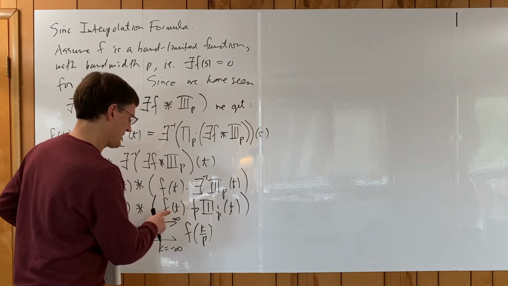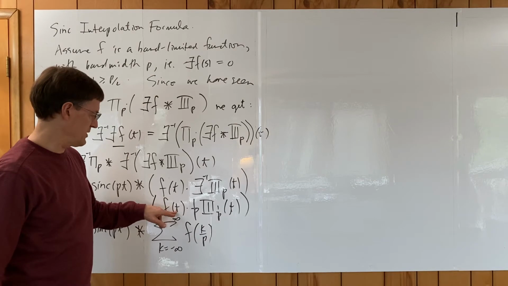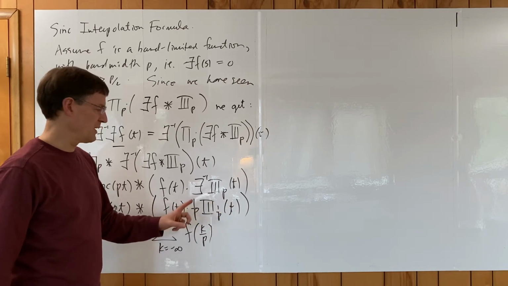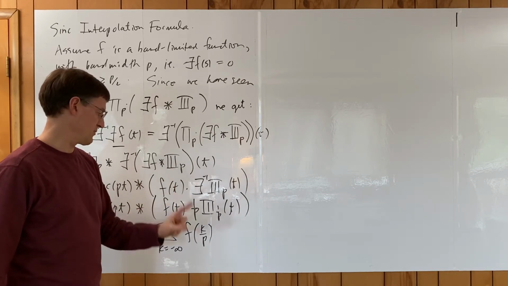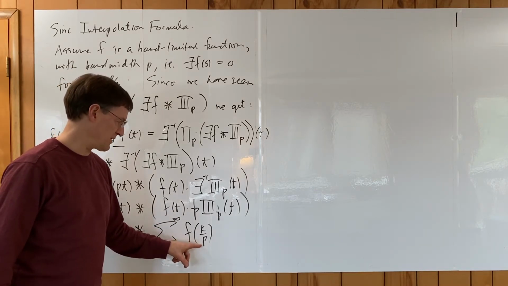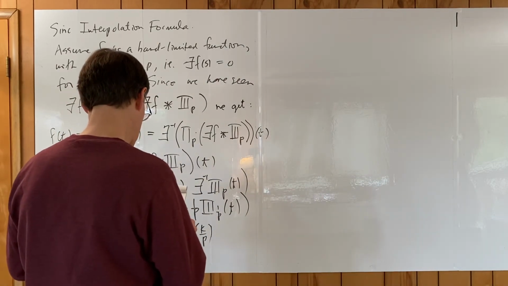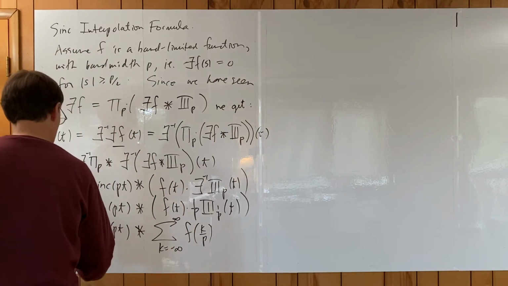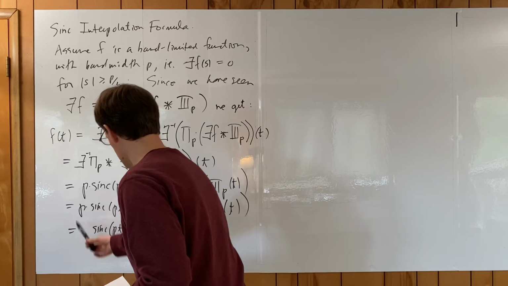If I multiply this function times all those delta functions, it's like I'm taking an entire function of t times each of those. But the delta function in each case in the sum is only non-zero at one place, where it has a spike. That spike is now going to get scaled by the value of the function f at that spike value, which is going to be the 1 over p. Okay, so we get that, and then we get delta. Oh, sorry, I'm going to get rid of this p now. I can get rid of this 1 over p, which comes out of this convolution, and then with that p in front there.